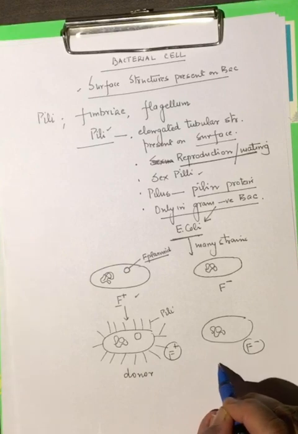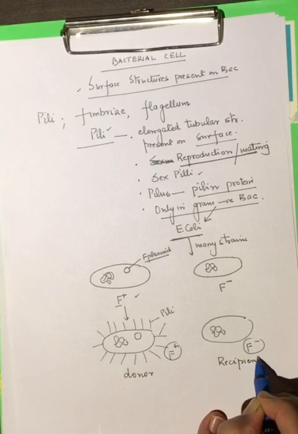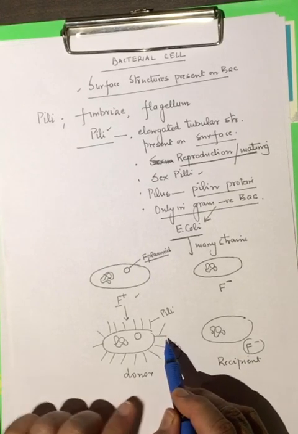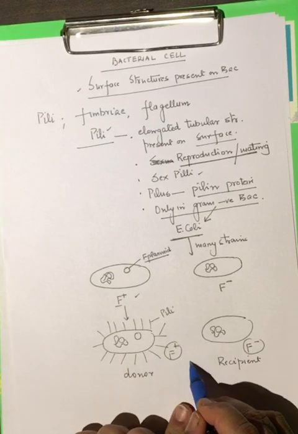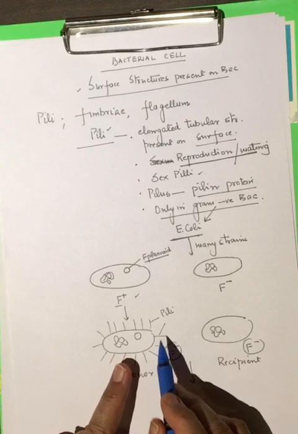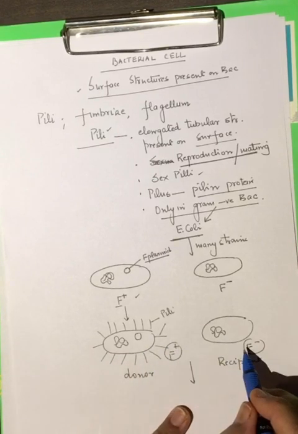The bacteria which is F minus behaves as the recipient. With the help of pili, the donor bacteria will attach itself to the recipient bacteria. So it is a sort of mating.